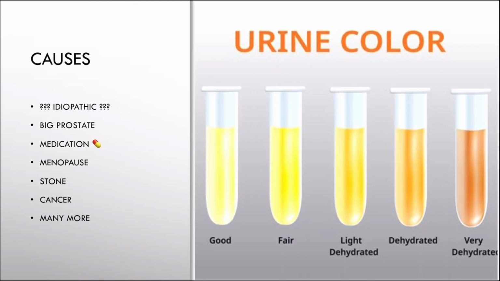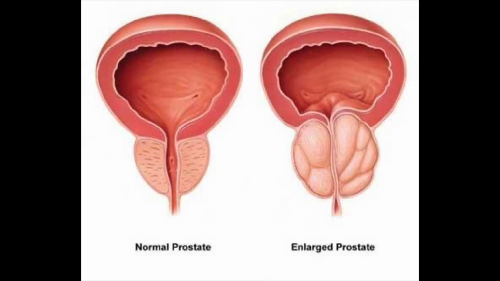What are some of the causes of hematuria? Many times, we cannot find out the exact reason why you are having red blood cells in the urine. This is what we call idiopathic. For male gentlemen, when your prostate is slightly on the large side, blood vessels can burst, leading to red blood cells flowing into the urine, therefore detecting it on a dipstick examination.